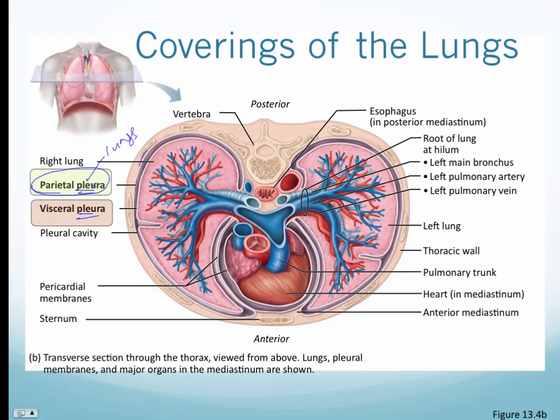And so parietal pleura is this outermost layer lining the thoracic cavity. And then finally, when it makes this U-turn and starts touching the surface of the lungs, it's going to be called the visceral pleura. So here is that visceral pleura. And of course, this is what we saw already in chapter 11, our heart being housed in our visceral and parietal pericardium.